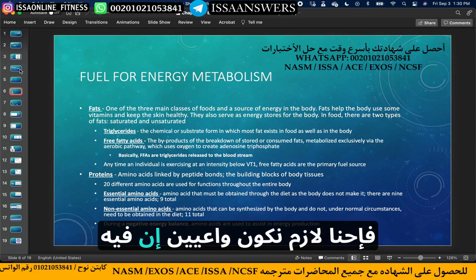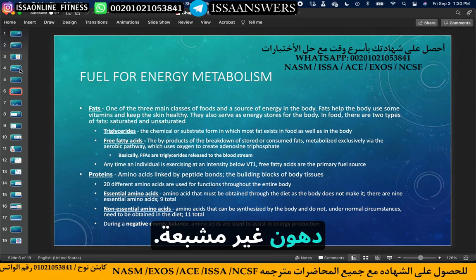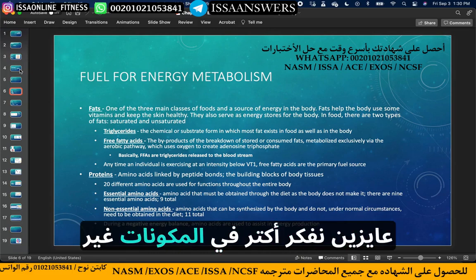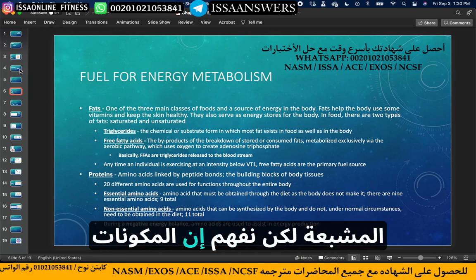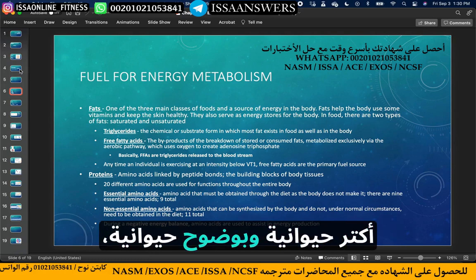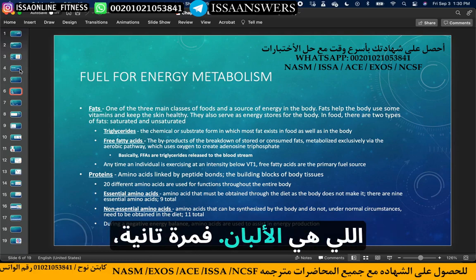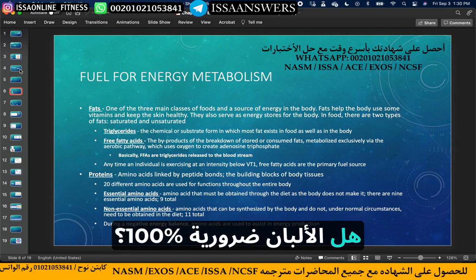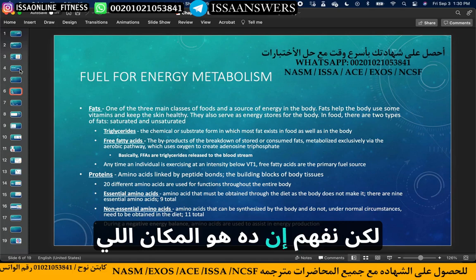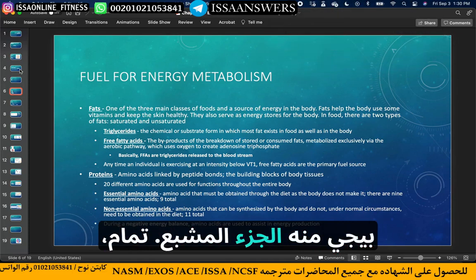We have to be aware there's saturated and also unsaturated fat. Is one better than the other? Yes. We want to think more about the unsaturated components. Saturated fat is more from animal products, which includes dairy. Is dairy 100% necessary? That's a topic for another point in time, but understand that's where the saturated part comes from.